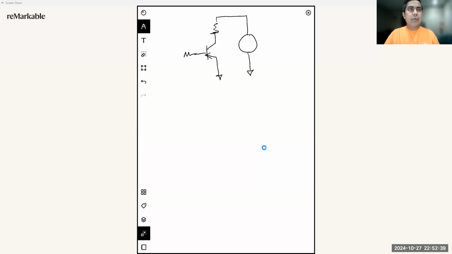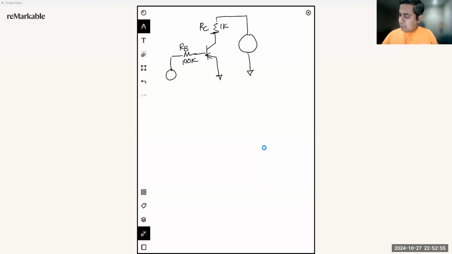You have the same RB and RC resistors. The values will remain the same, 1K and 100K.